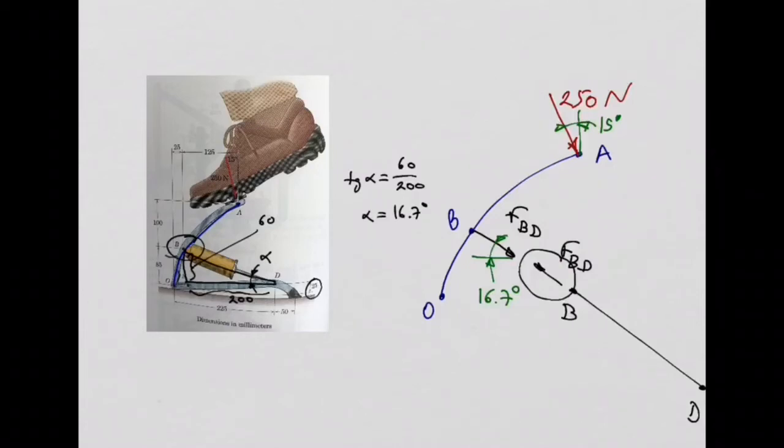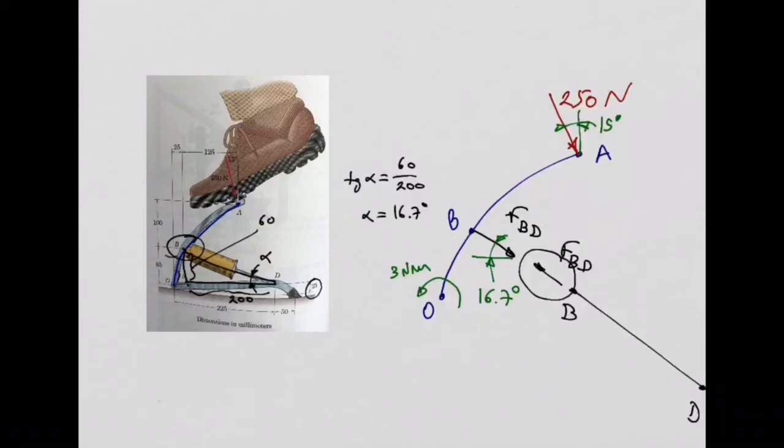So we need to include the effect of the spring, which, as the question said, I think it's 3 Newton meter, right? Yeah, we have a moment of 3 Newton meter. We can put it like this, 3 Newton meter. This moment basically is the effect of the spring. So when you push with your foot, this spring will react with this 3 Newton meter moment at point O.